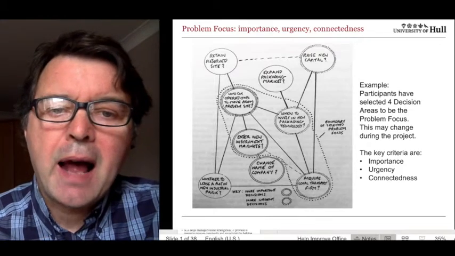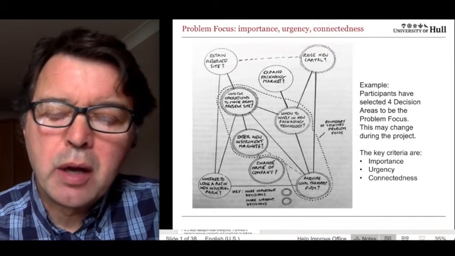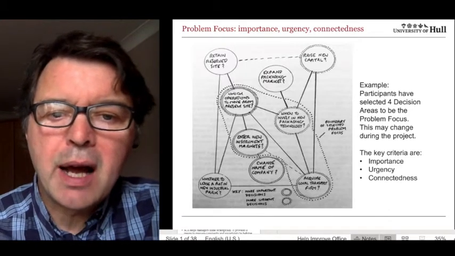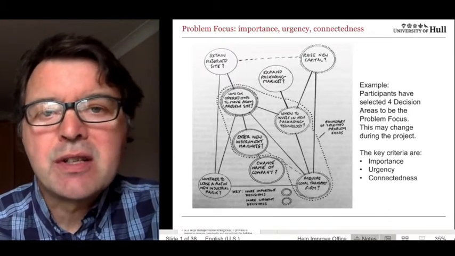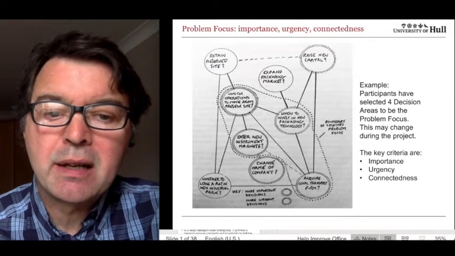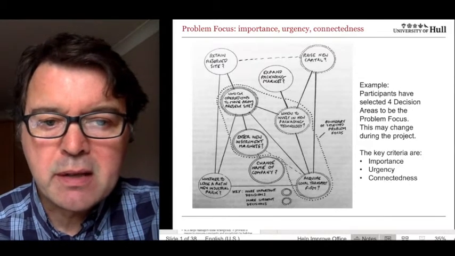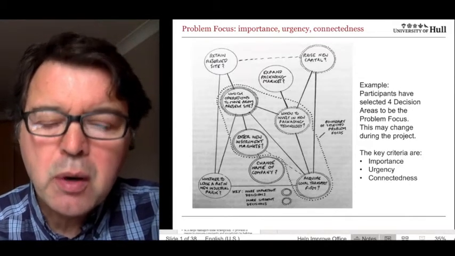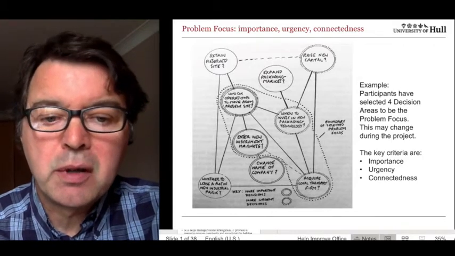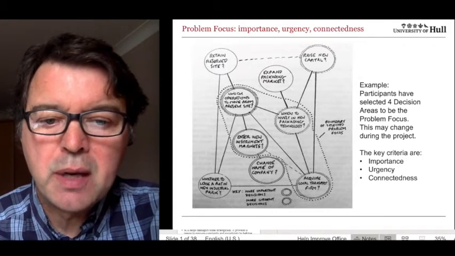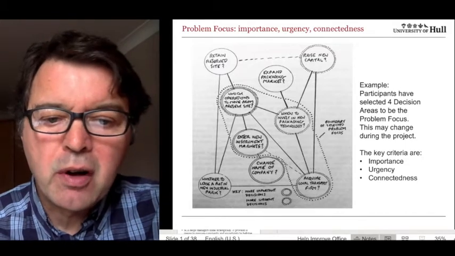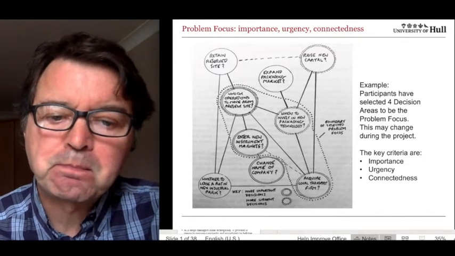Then we do a double line around decision areas which we think are particularly important. We can see here that we've got two which have double lines: enter new instrument markets, and change name of company.